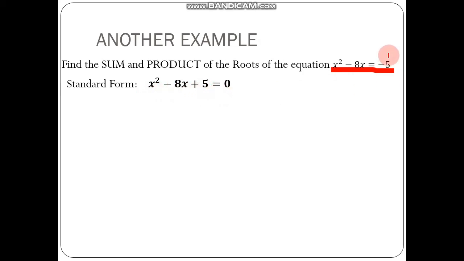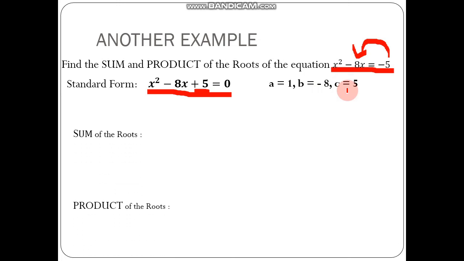We just transfer this negative 5 to the left side. Since this is negative 5, it becomes positive 5. Now it is in standard form, so we can identify a, b, and c. We don't need to divide both sides by a because our a is already 1. So a is 1, b is negative 8, and c is positive 5.